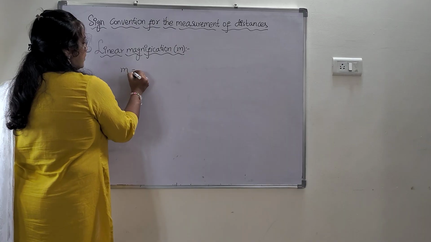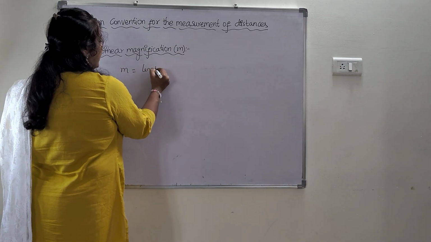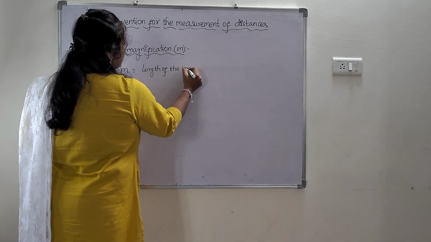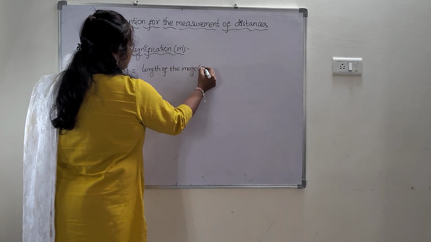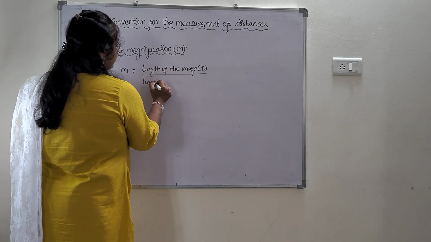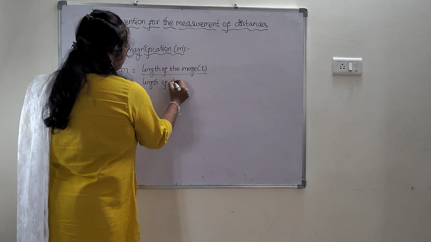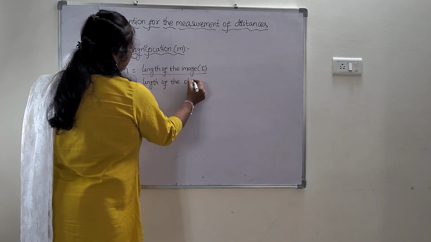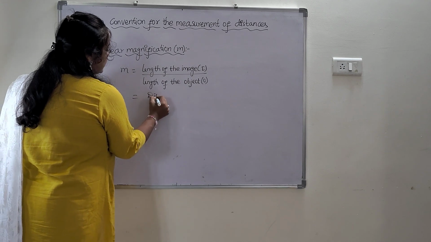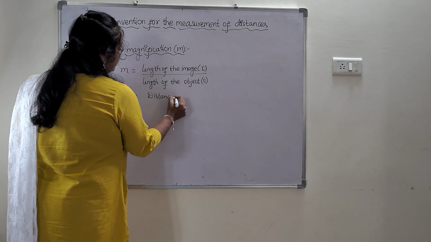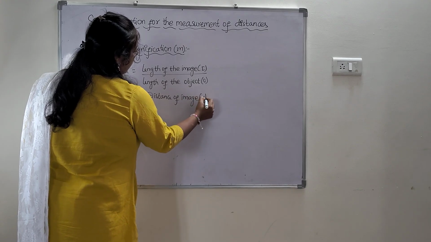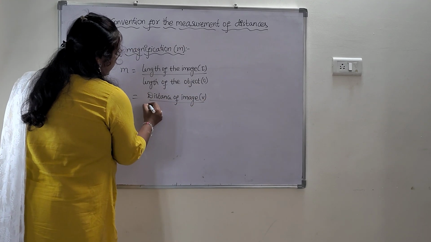Linear magnification equals the length of the image to the length of the object. Also equals the distance of the image to the distance of the object.